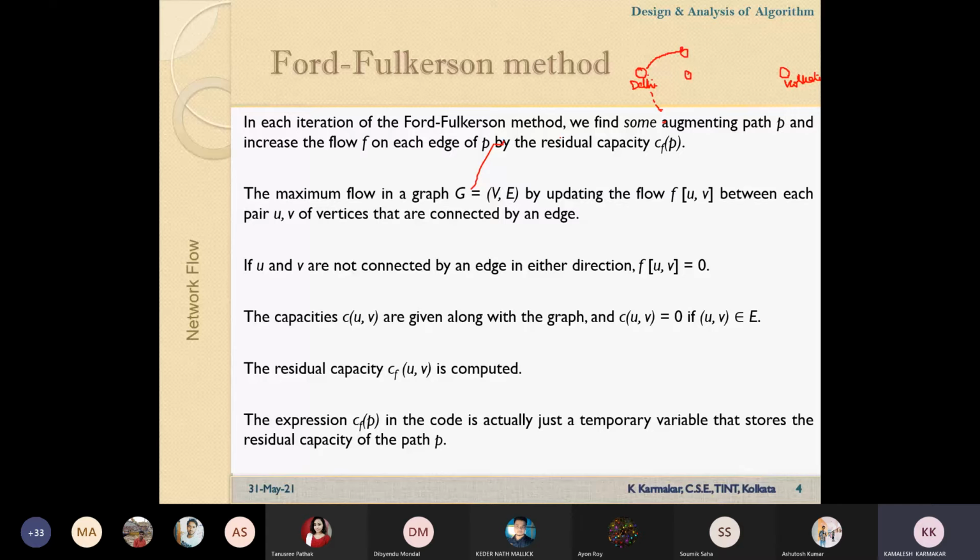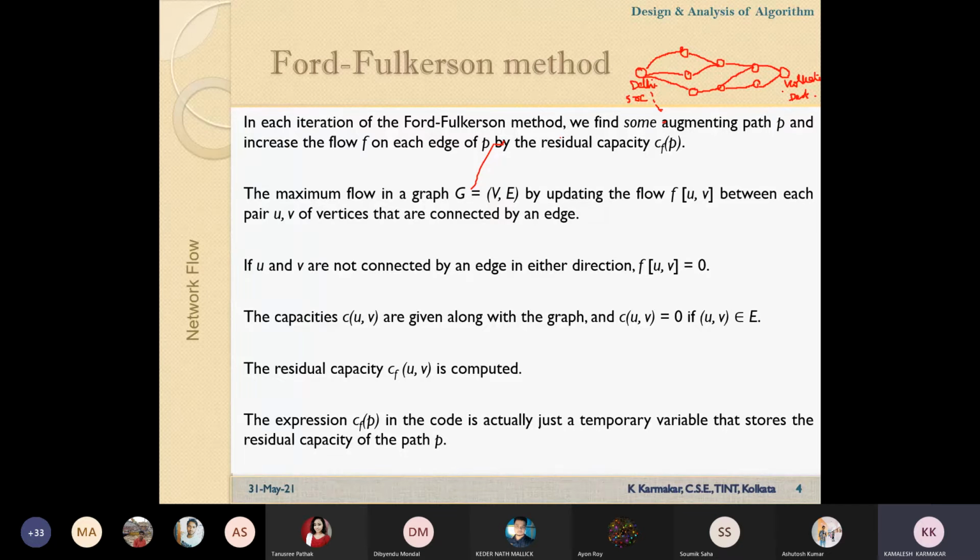Now among these rail routes, for each and every route we have some capacity. If every route has some capacity, and we want to transfer some goods from this location, the source, to the destination location, we have to use the railway transportation system for transferring these goods from one city to another.